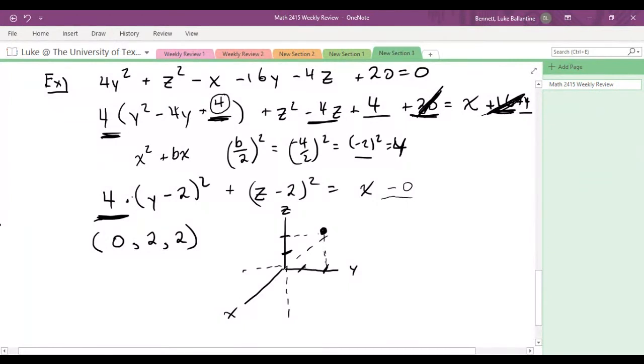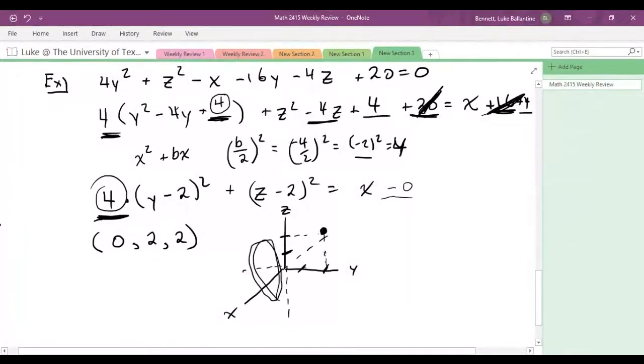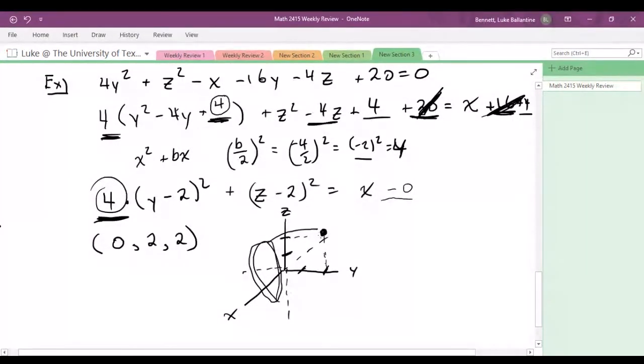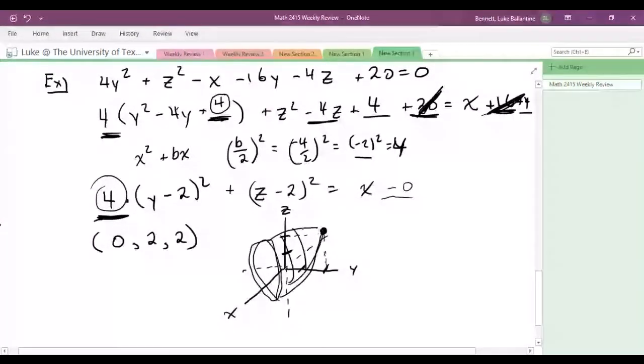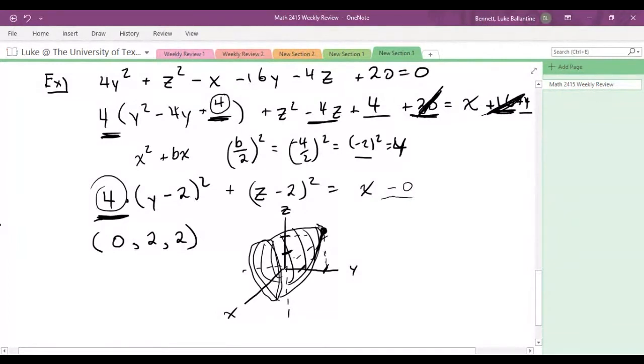This is going to blow it up a little bit. So we get this paraboloid. And that's a horrible picture.